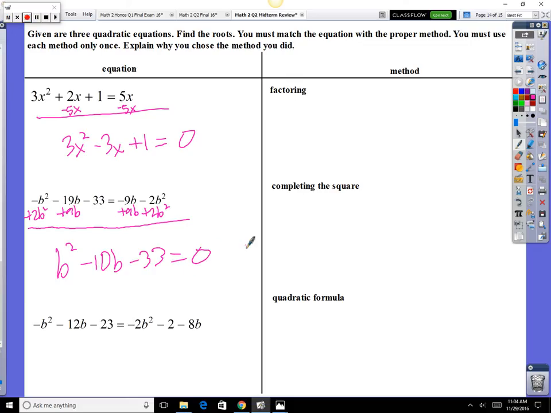And then the last one, you gotta move 3 things over. I'm gonna add 2b squared to this, I'm gonna add 2 ones to these -23 ones, and I'm gonna add 8 b's to these b's. And after you do all that, you should have b squared minus 4b minus 21.